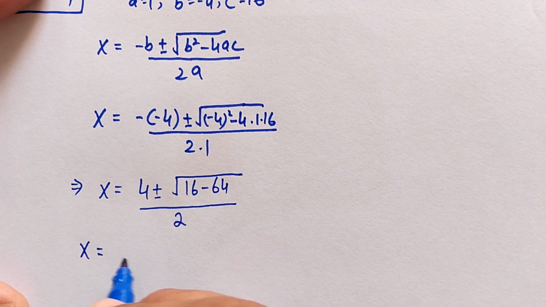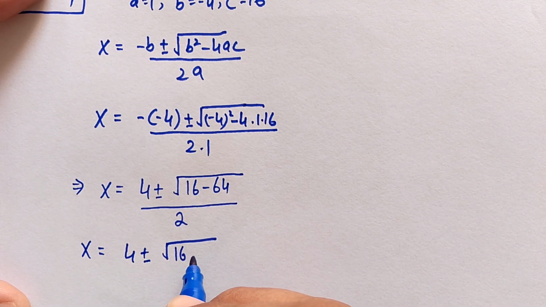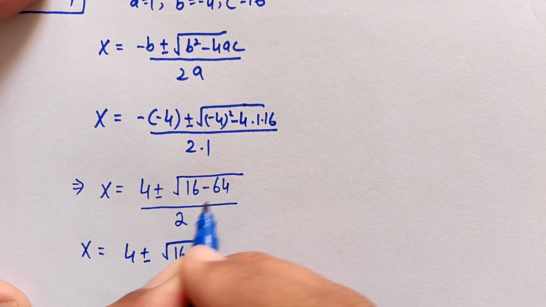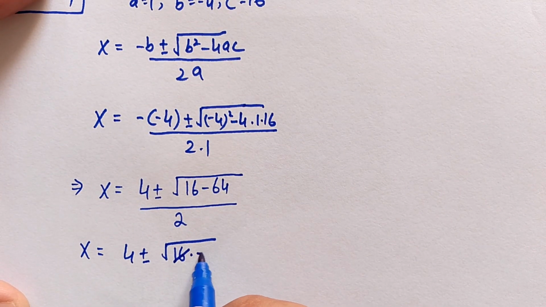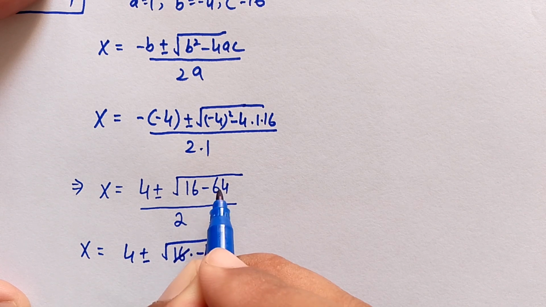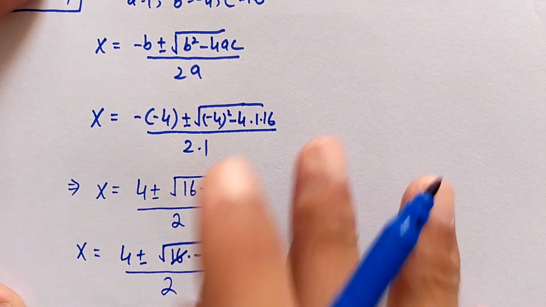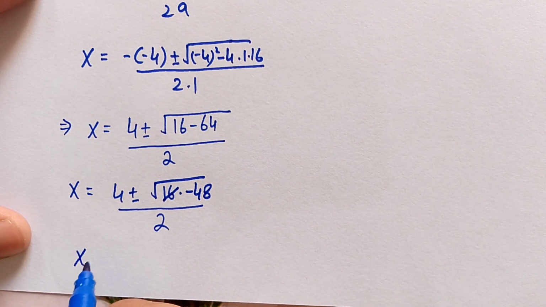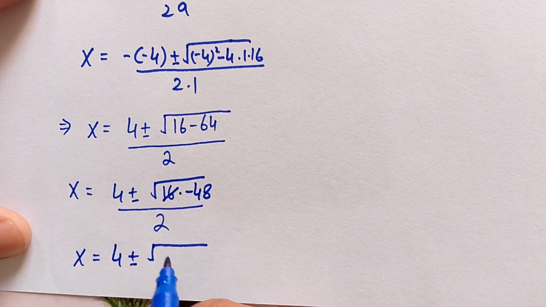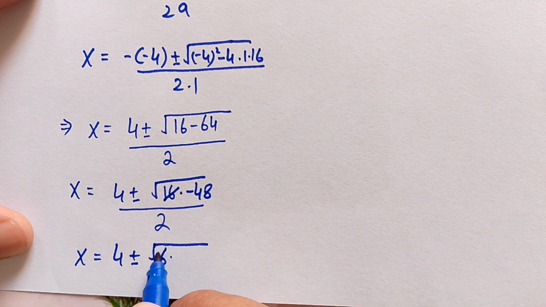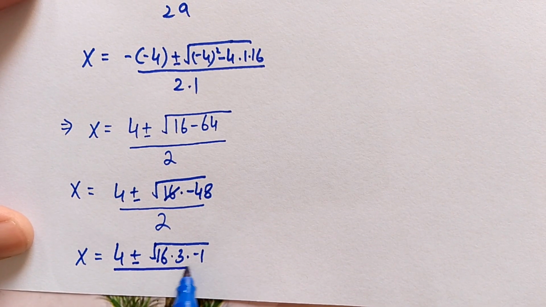So x is equal to 4 plus minus square root of 16 minus 64, and 16 minus 64 is equal to minus 48, divided by 2. Now in the next step, x is equal to 4 plus minus square root of 48, which is 16 times 3 times minus 1, which is equal to minus 48, divided by 2.